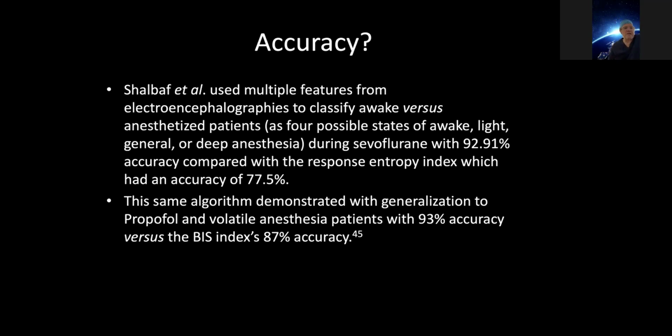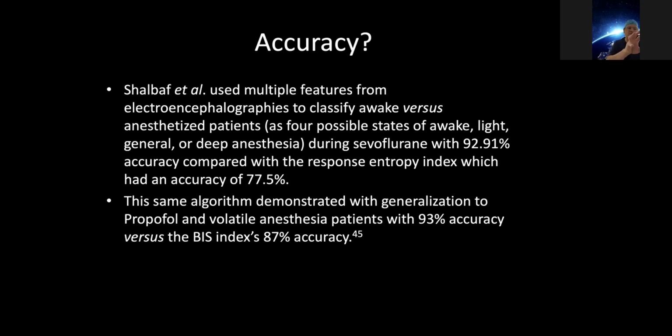Similar algorithms were done for propofol patients, and again, using the BIS index, exactly the machine which I have shown you. And you see that you can marginally, not in a big level, but you can improve the detection of awake versus a sleep state.